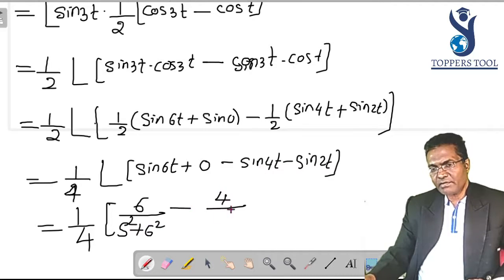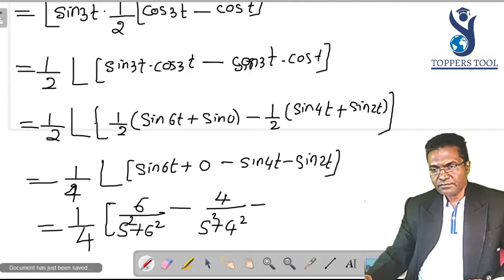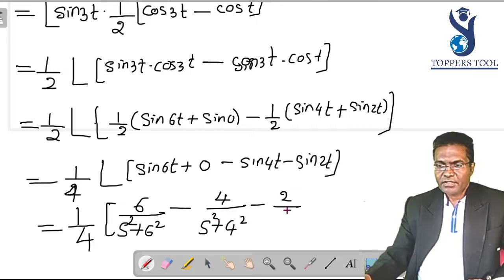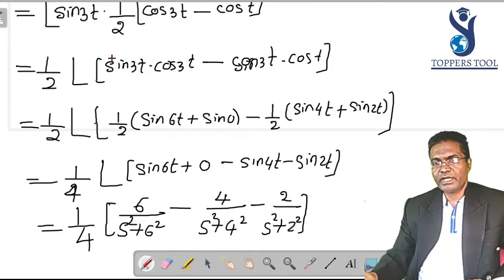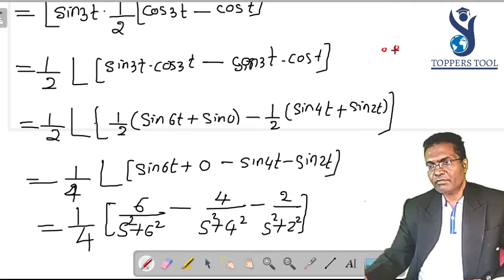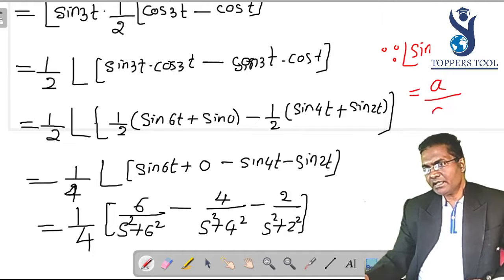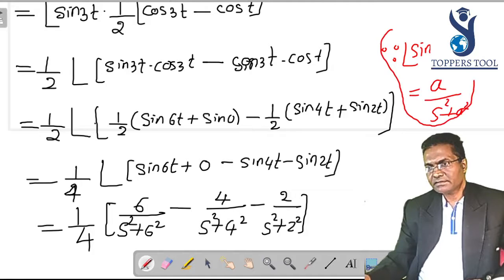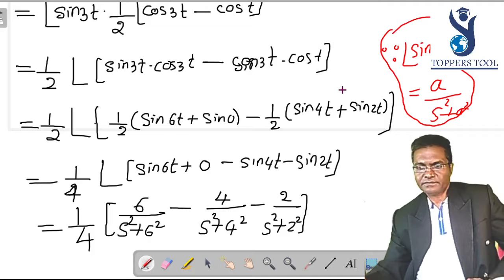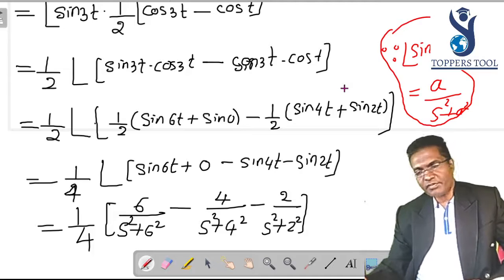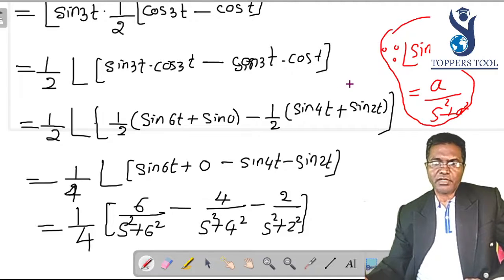Again it is 4 divided by s square plus 4 square, minus 2 divided by s square plus 2 square, because we used this. Okay. So in this way, if you get a product, convert it into sum or difference.